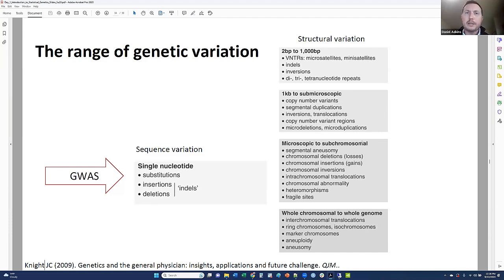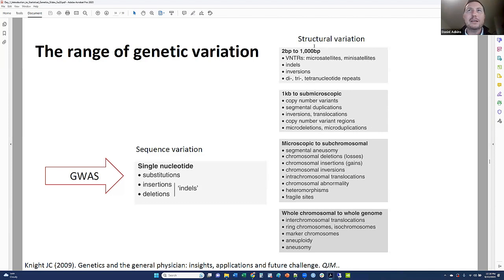Structural variation is typically rarer, with lower minor allele frequencies, and oftentimes highly penetrant, meaning it has a big effect on the phenotype, and typically deleterious, meaning it's bad for the health or the fitness of the organism. And so structural variation is largely the purview of medical geneticists. Sequence variation is of wide interest to anyone with interest in complex traits.